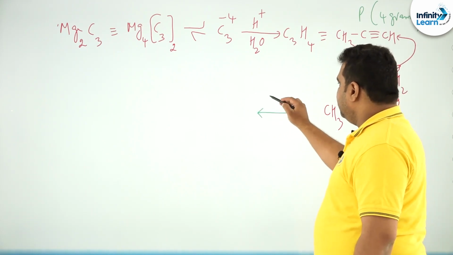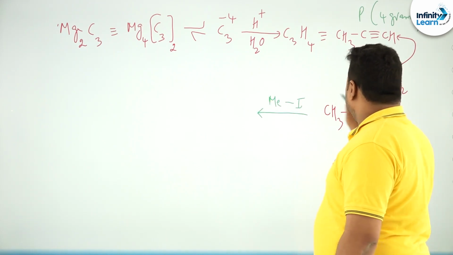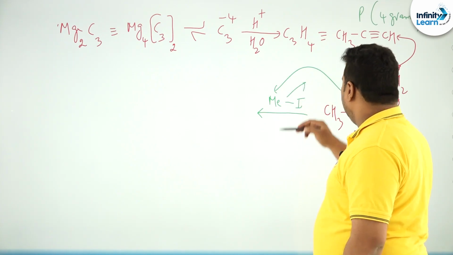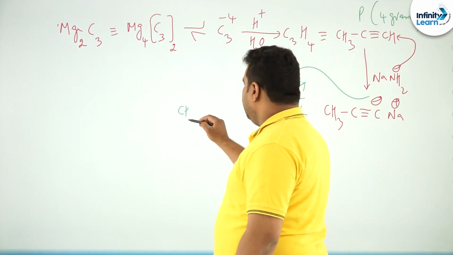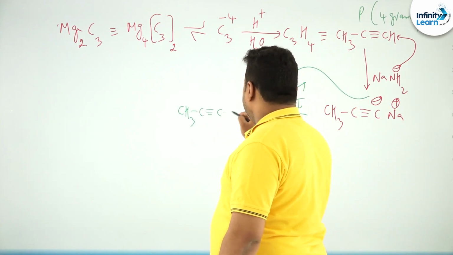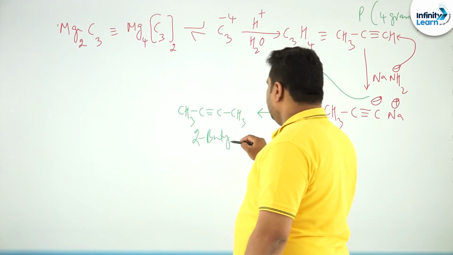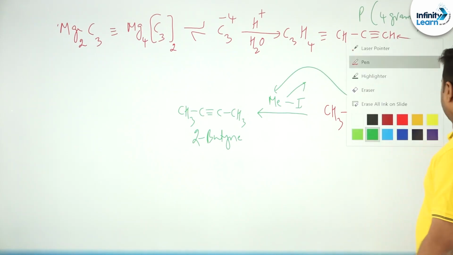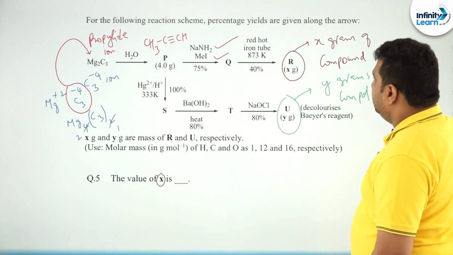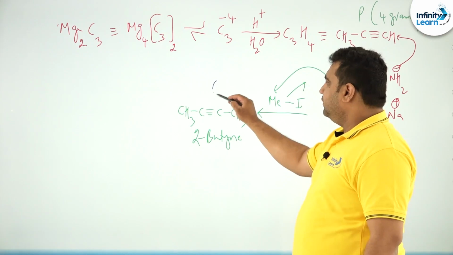Then if you treat with methyl iodide, this will attack here and iodide is lost. Then you are going to get CH3 C triple bond C CH3, which is nothing but 2-butyne, correct. Now, please tell me, what is the name given to this? Q. So, this is Q, it seems.